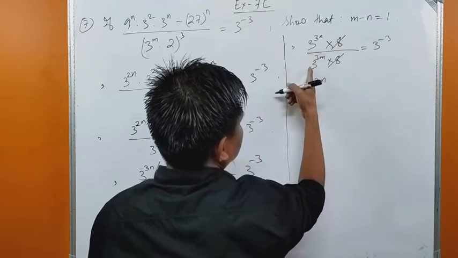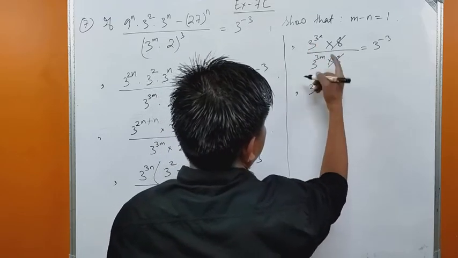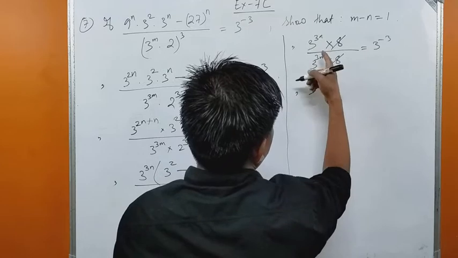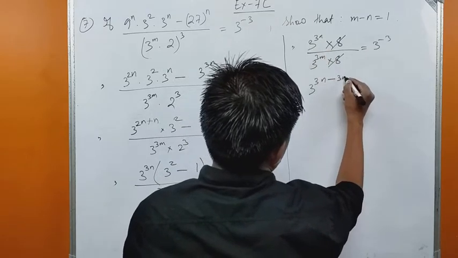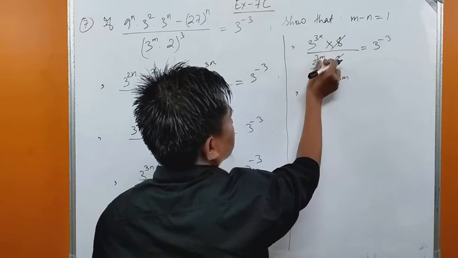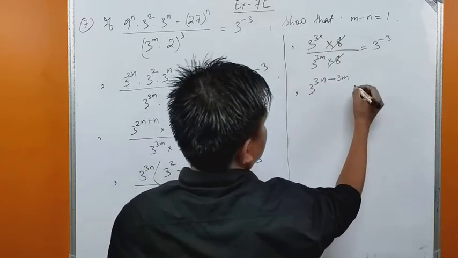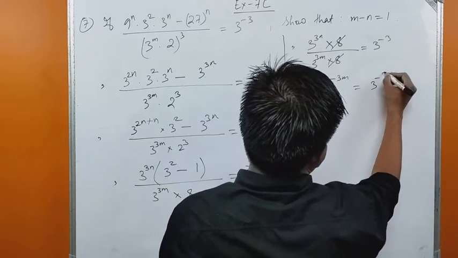Since the bases are the same, 3 and 3, the powers will be subtracted: 3n minus 3m. This 3 to the power 3m goes to the numerator, so plus 3m becomes minus 3m. So this equals 3 to the power minus 3.